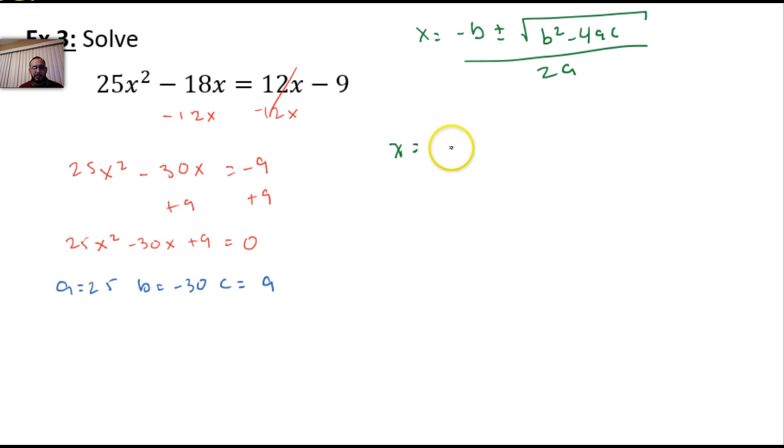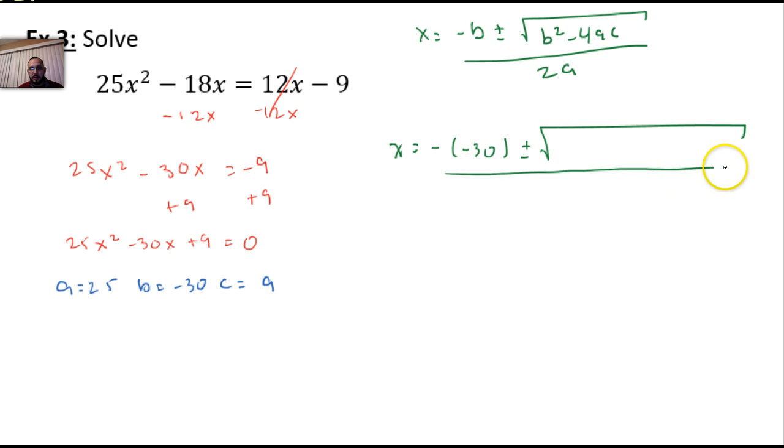All right, so we're going to get negative, not 25, let me correct that. My b value is going to be negative itself, so negative 30, plus or minus the square root of my b squared, that's negative 30 squared, minus 4, my a value is 25, and my c value is 9, over 2 times the quantity of my a value, that is 25.